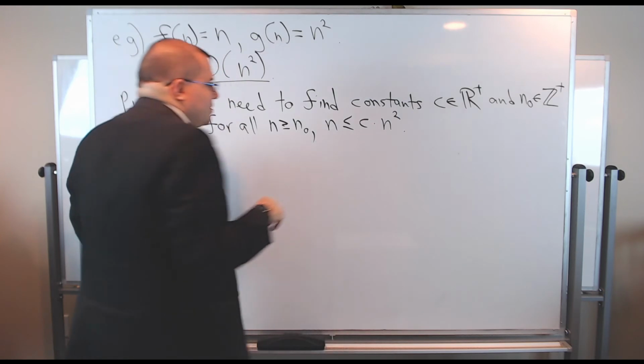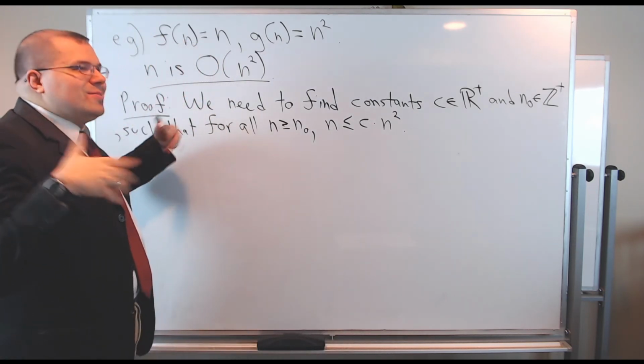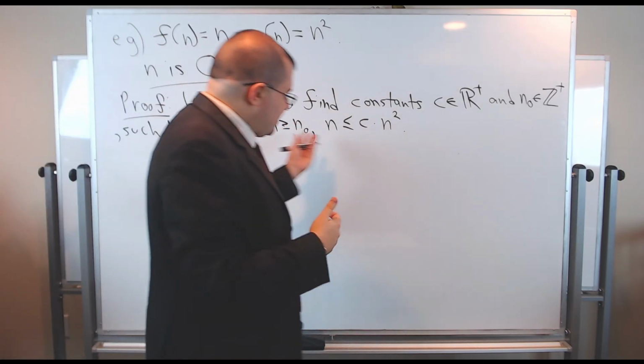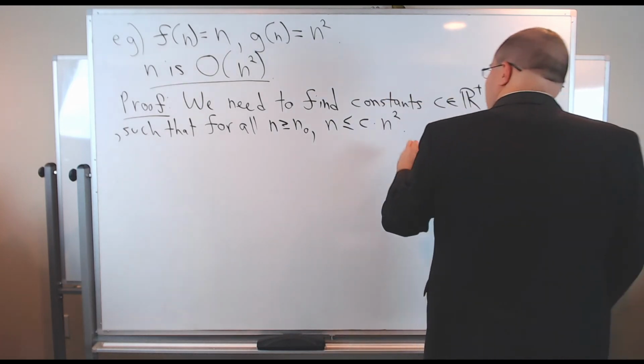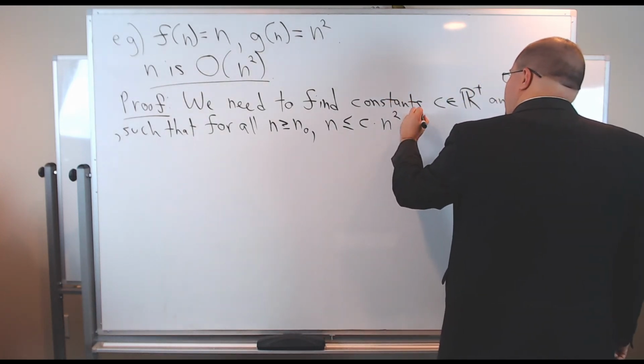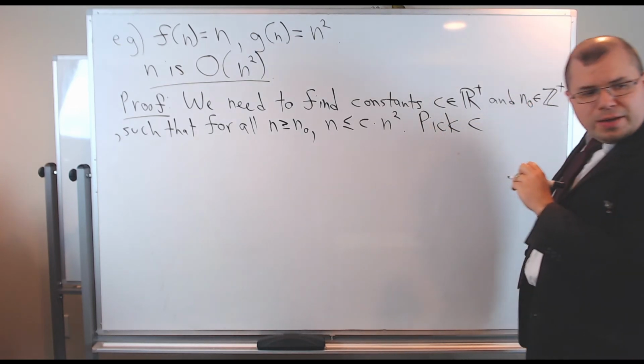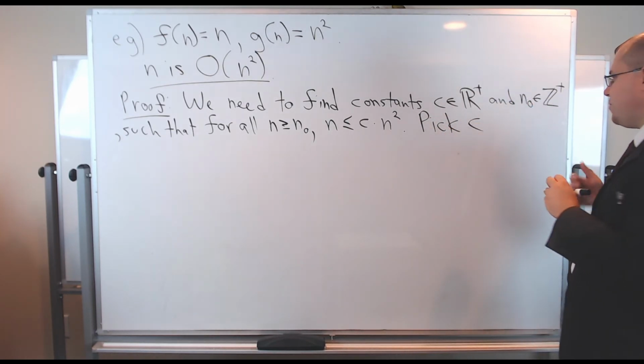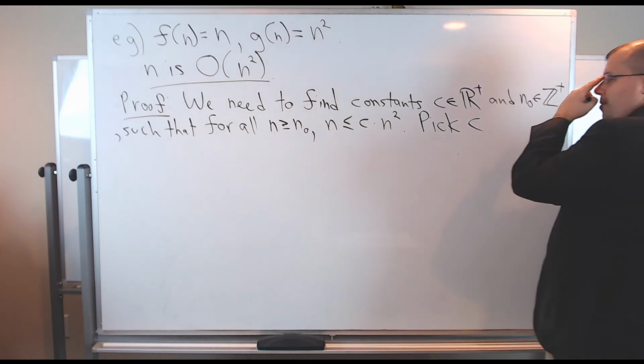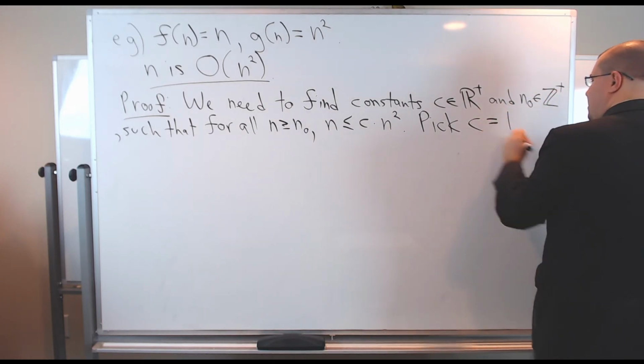Now, naturally, we've seen that c is not very hard to find in this example. So what I'm going to do is just pick some c. You can try different ones and see if they work. I'm just going to pick something rather straightforward. I'll pick c is equal to 1.